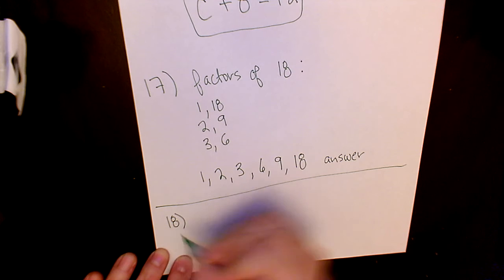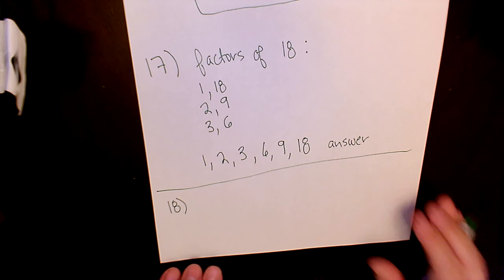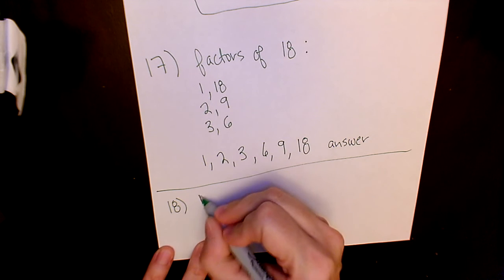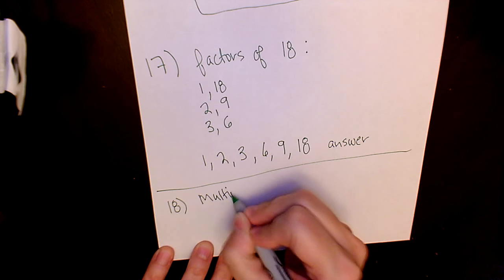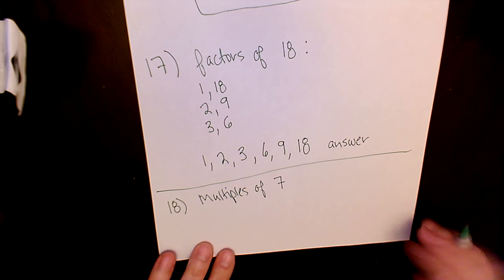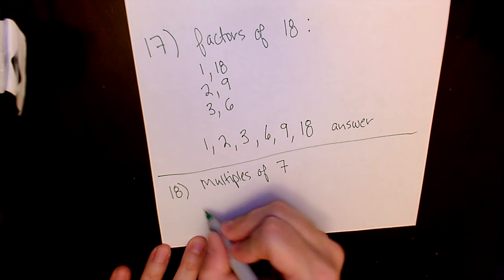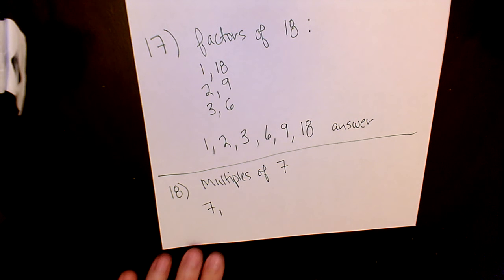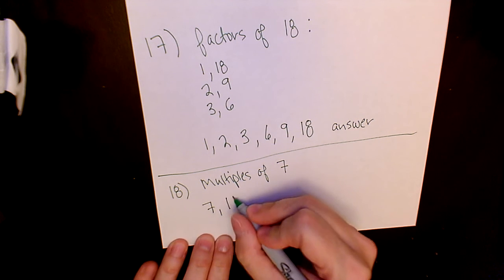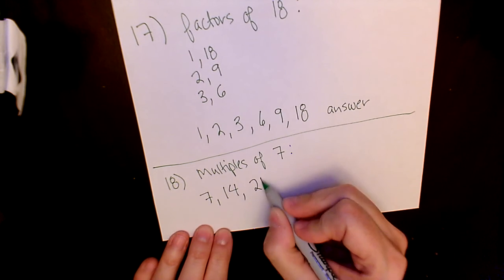Okay. Now we're doing multiples. So I want the first 4 multiples. First 4. Only the first 4. So remember, we start with 7 times 1 is 7. 7 times 2 is 14. 7 times 3 is 21.